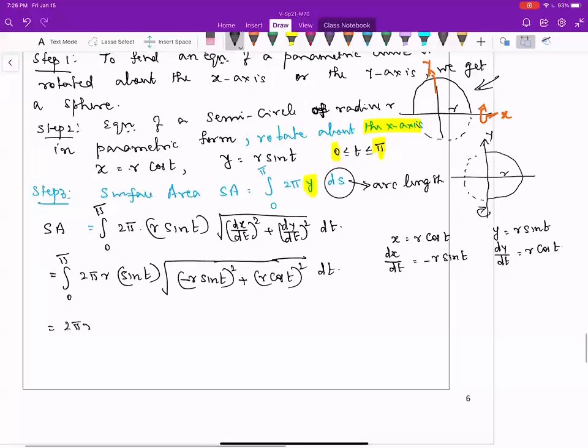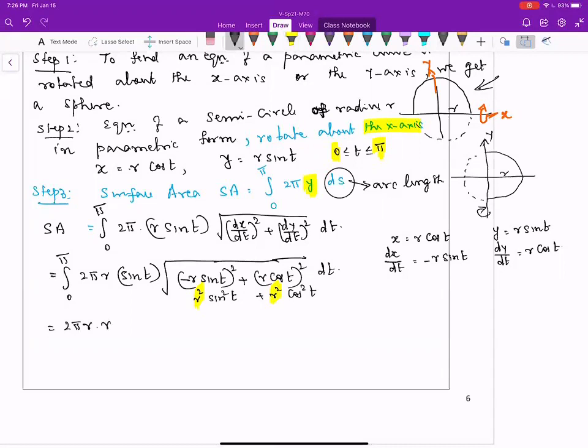So it is 2 pi r, then you are getting here r squared sine squared t plus r squared cosine squared t. So r squared can be factored out, but it is within the radical, so the square root of r squared will be r.